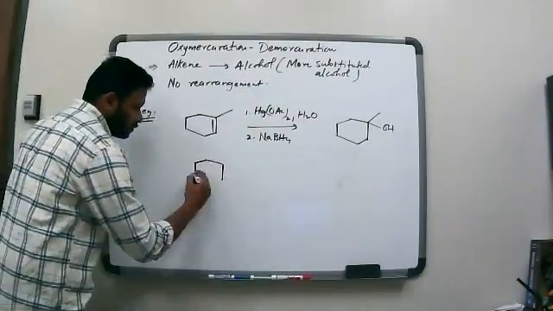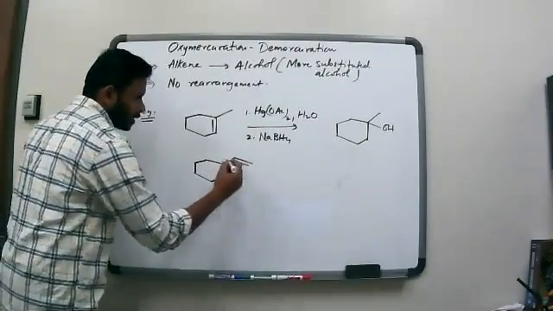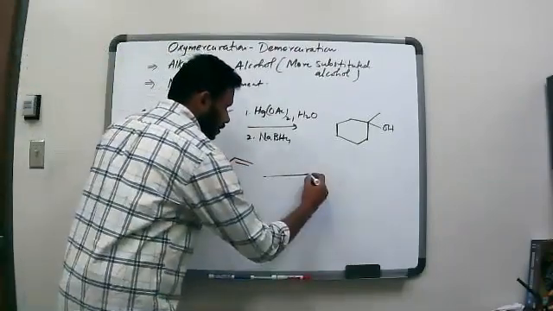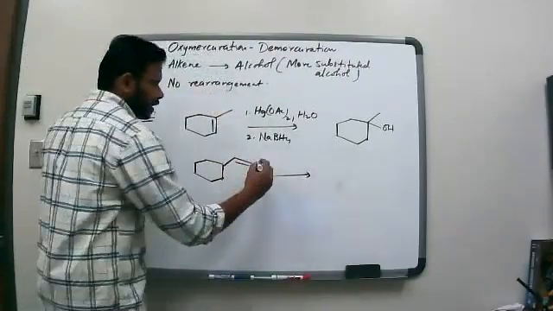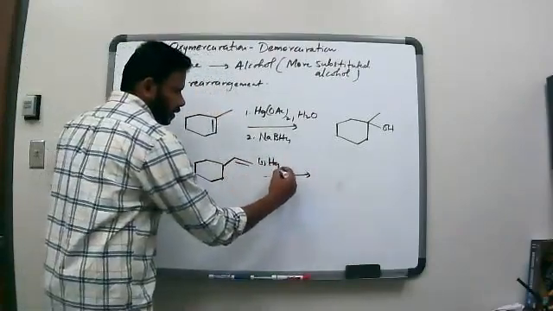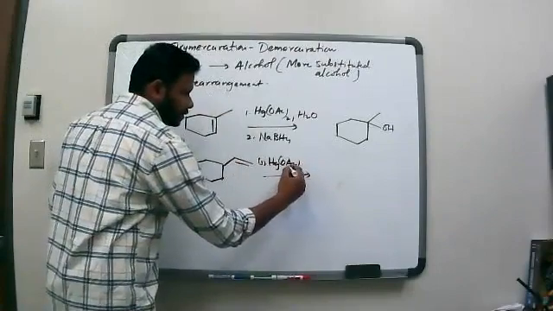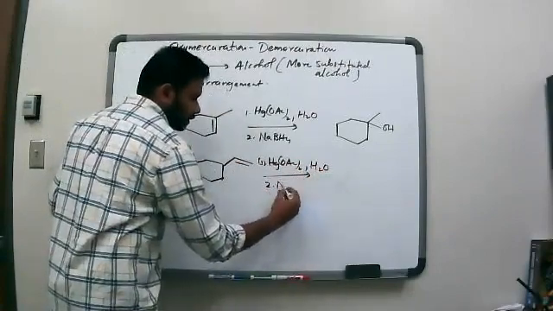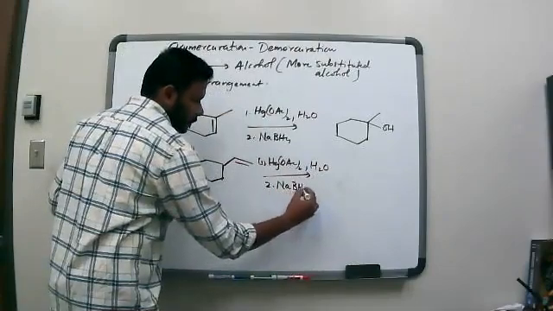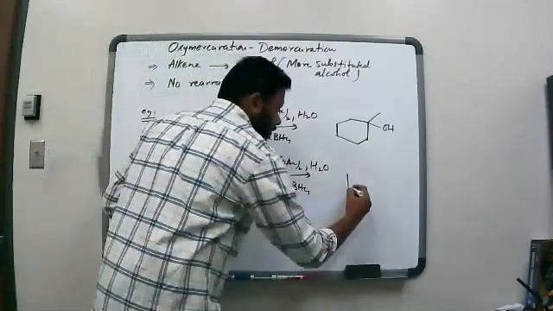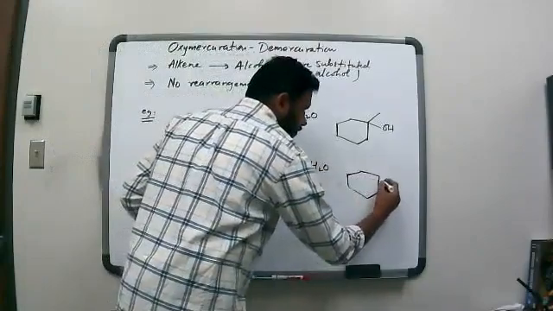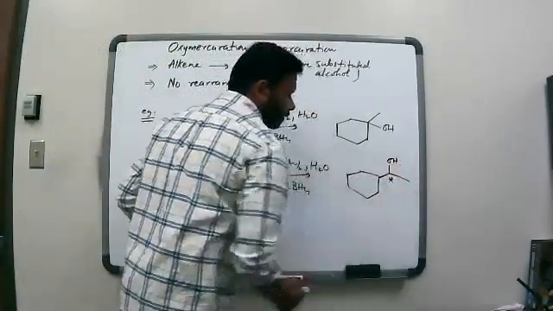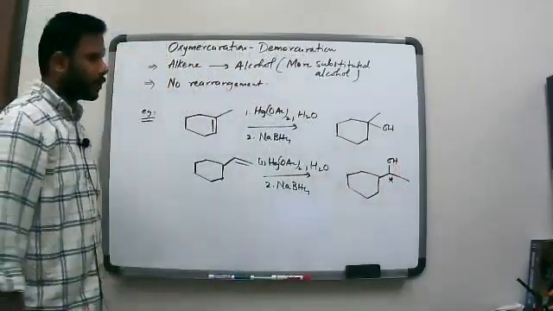So for example, if we had this alkene that we used in the dehydration video, if we had that alkene, and if we did an oxymercuration-demercuration, we are going to get this alcohol as our major product now.